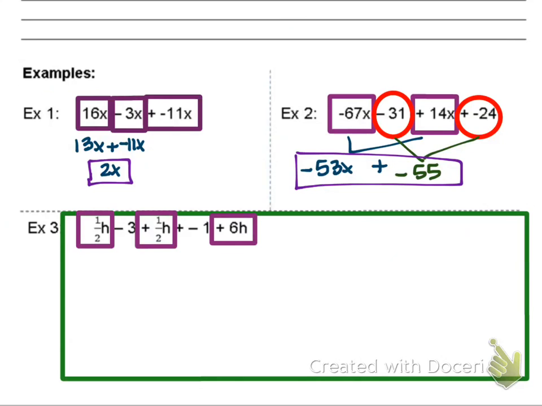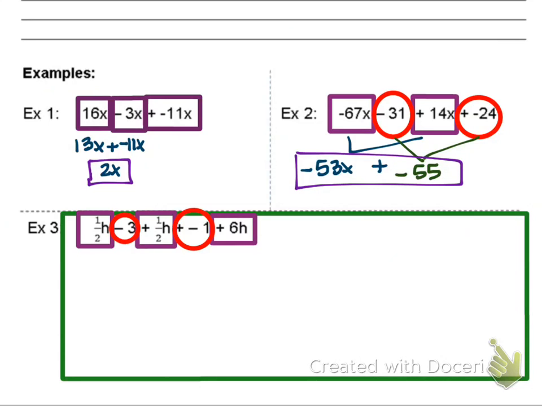Now you might notice that I don't have a sign in front of this front term right here, but if I don't have a sign, it is assumed to be a positive number. So if I take 1/2 and 1/2 and the 6, I will eventually add those together. Before I go there, I want to make sure that I also recognize I have two other terms that I can put together, the negative 3 and the negative 1.